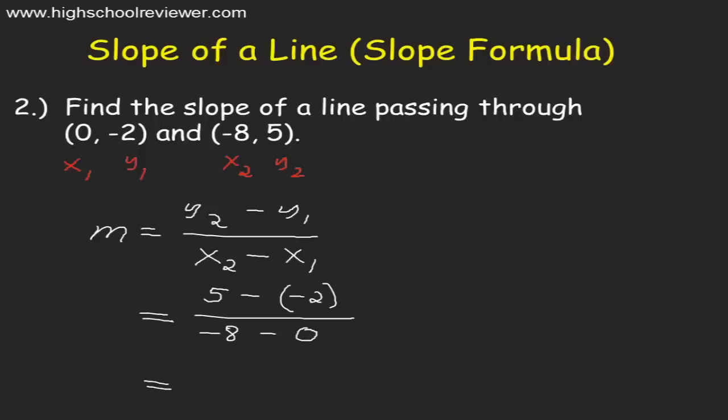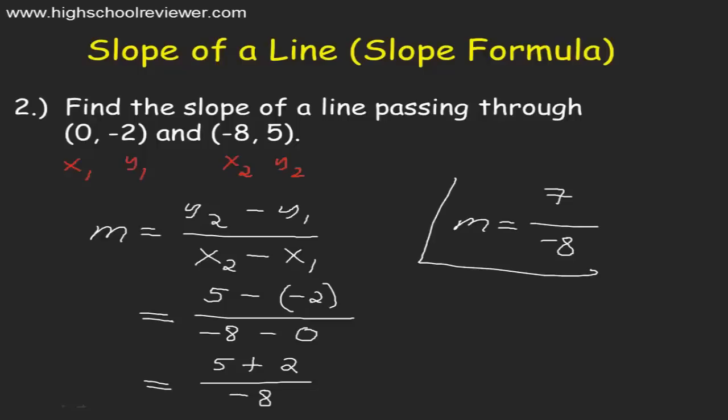So this will be 5 minus times negative, that will be positive now, so 5 plus 2 all over negative 8 minus 0, that is negative 8. So our slope will be positive 7 over negative 8. So our slope for the second problem is positive 7 over negative 8.